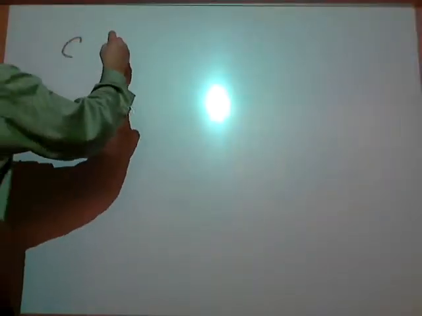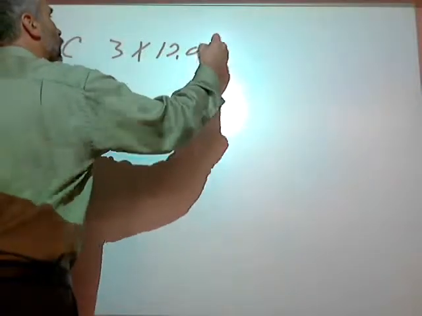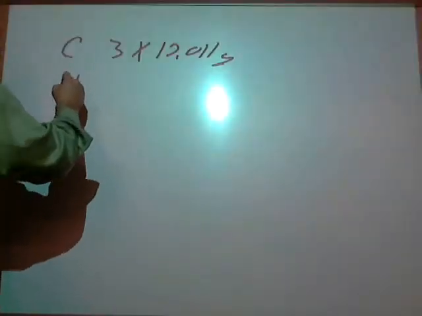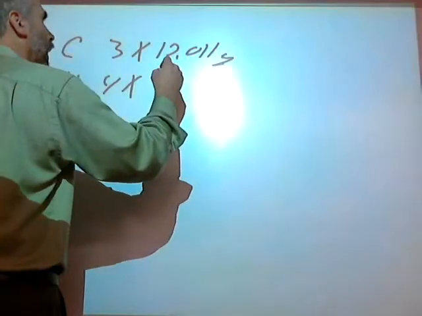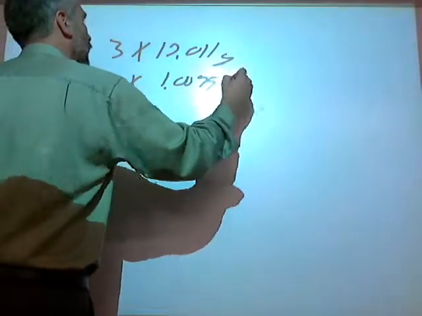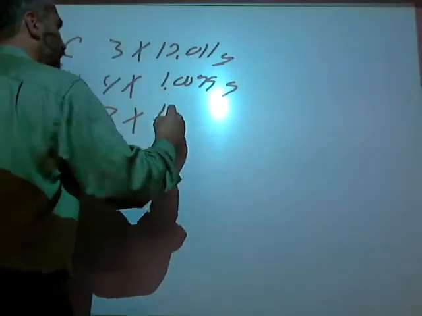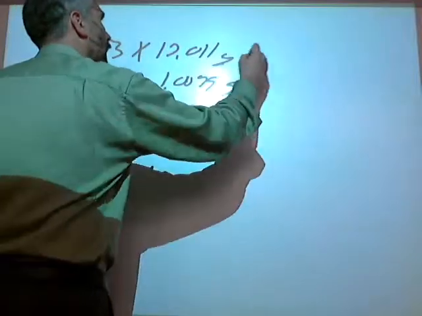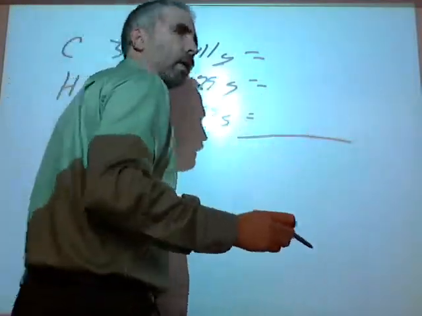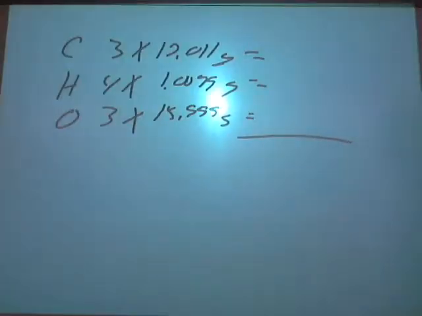Okay, so for carbons, I've got 3 times 12.011. For hydrogens, I've got 4 times 1.0079. And for oxygens, I've got 3 times 15.999. Real quickly, I need you to do those fast.